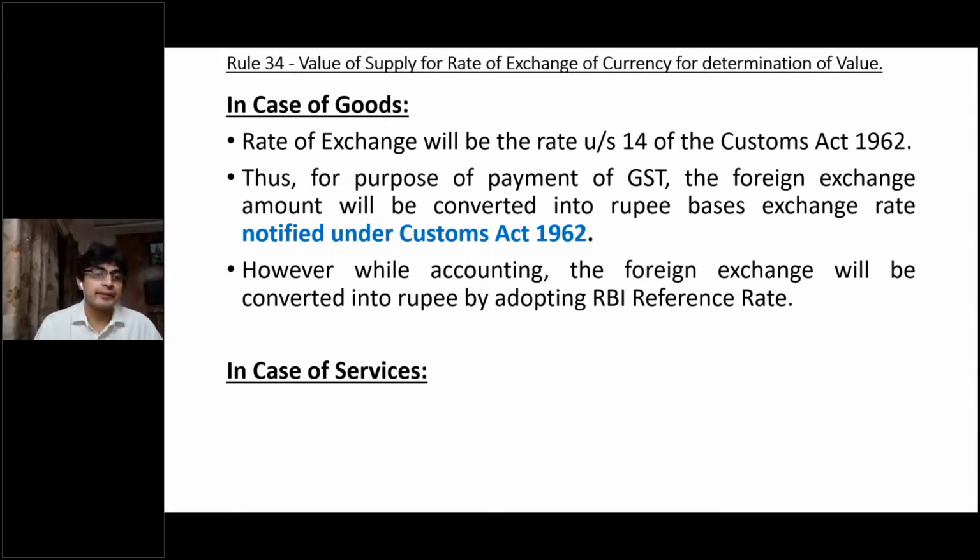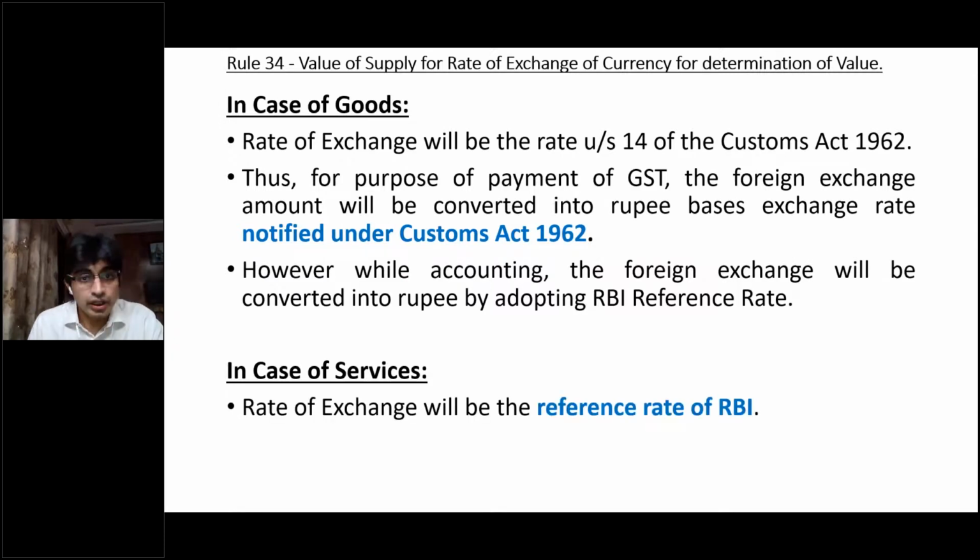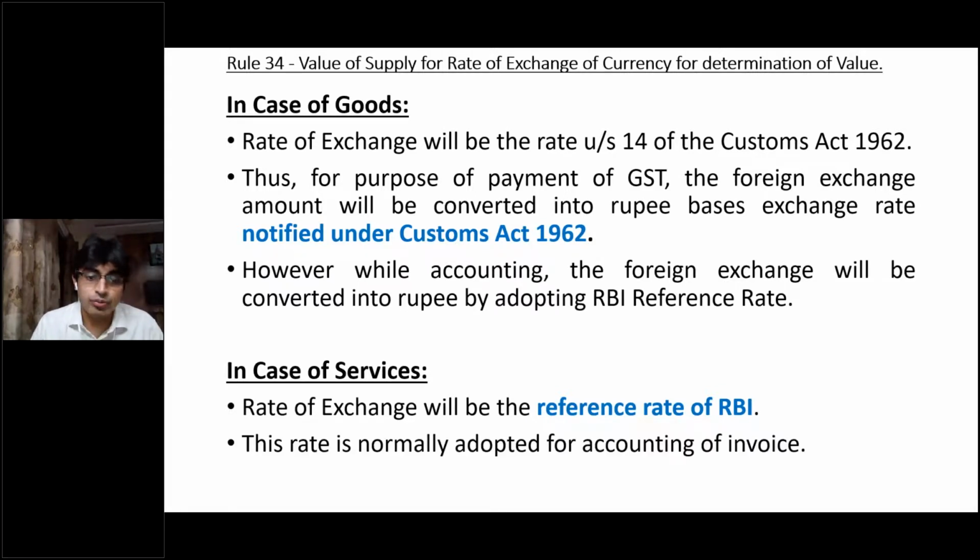Because goods and GST returns we are recording at customs rate. But for same goods, in income and in books of accounts, we are recording it at RBI rate. Clear? In services, it is good. In GST also, we have to disclose it at RBI rate. And in books of account also, we have to disclose it at RBI rate.